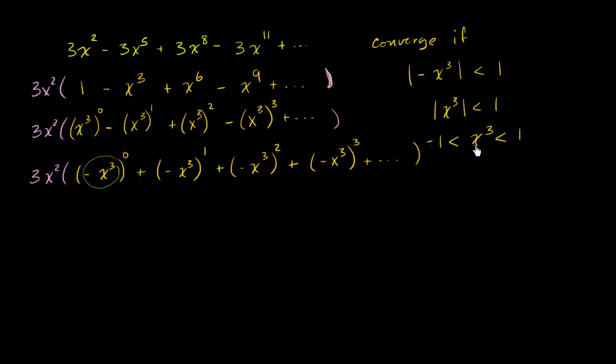And the way that's going to happen, if you take the cube roots of all the sides of this inequality, you're going to get that x is going to be between -1 and 1. This right over here is our interval of convergence. And if we restrict our x's to that, what is this going to sum to?